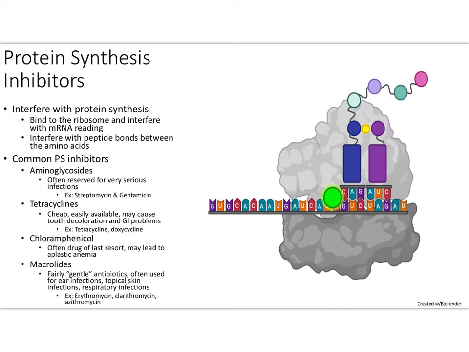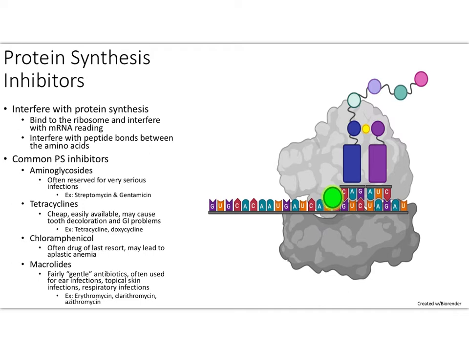So they tend to be reserved for situations where the child is over 8 years old or a woman is not pregnant. Examples of common tetracyclines are a drug called tetracycline and one called doxycycline.